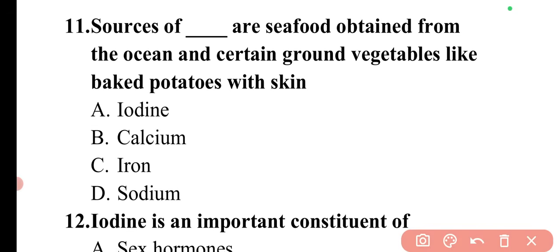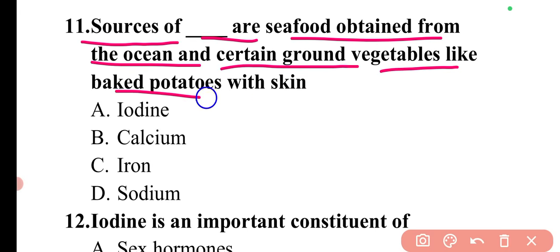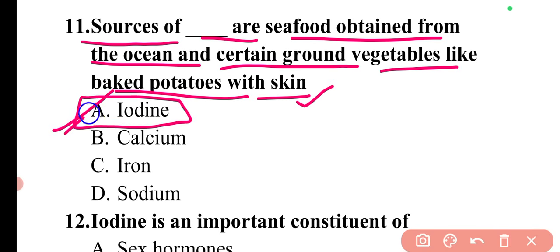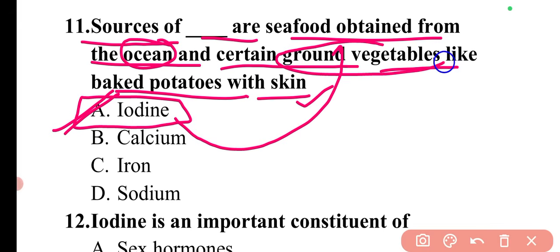Next question is, sources of dash are seafood obtained from the ocean and certain ground vegetables like baked potatoes with skin. So these are basically the sources of iodine. Sources of iodine are the seafoods which are obtained from oceans as well as certain ground vegetables, for example, baked potatoes.